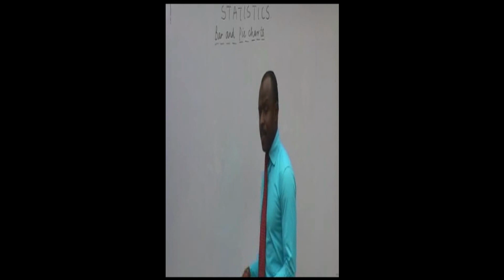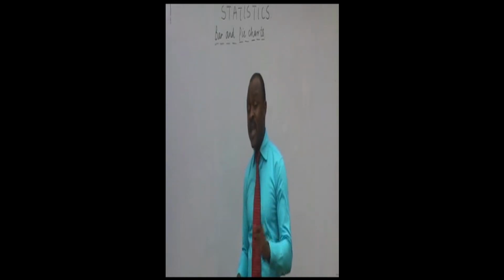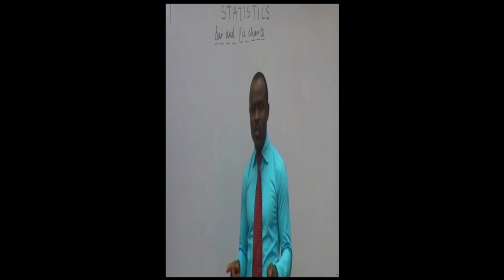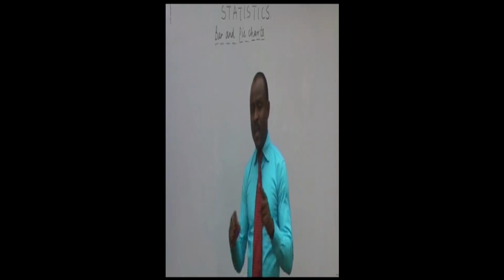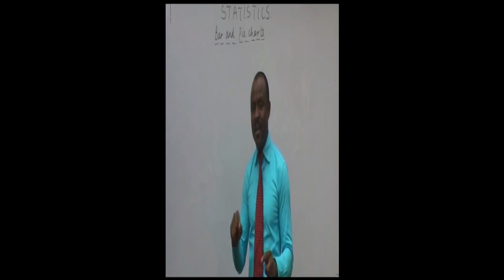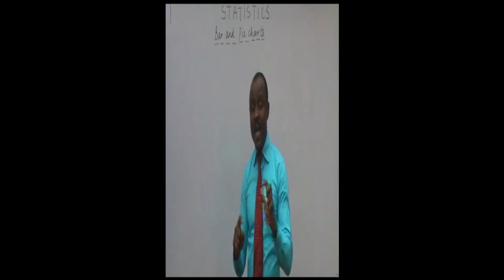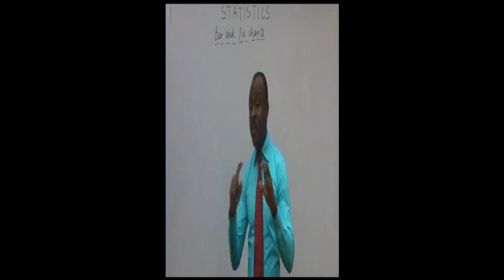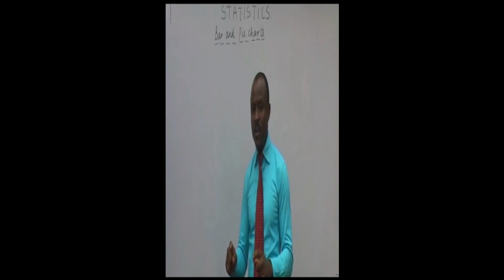But pie chart is also a tool, a spanner in statistics, where we don't use the bars or the rectangles, but we use the circle. In the circle, sectors which constitute the circle are used in representing the information. Likewise, the bigger the angle of the sector, the bigger the information it will represent in a pie chart.